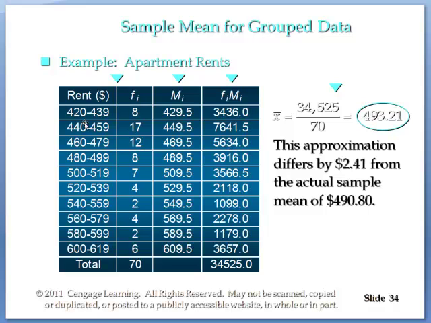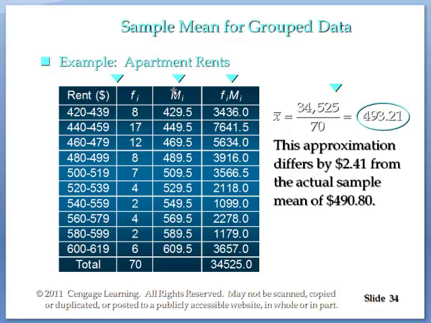So what you do, let's look at the first row. What is the midpoint of 420 and 439? It's 429.5. What is the midpoint of the second row? It's 449.5. So each midpoint you multiply by its frequency.